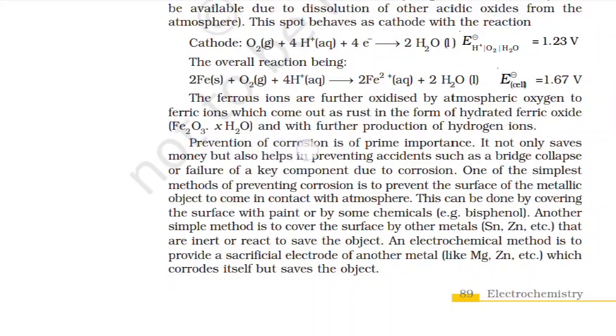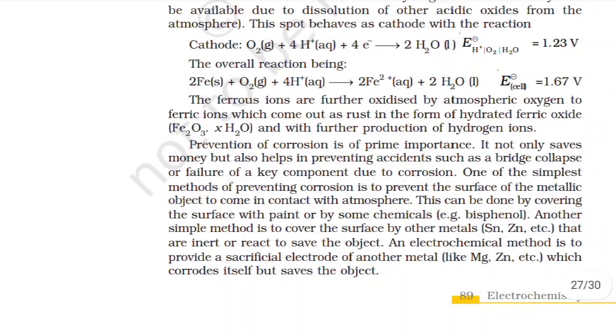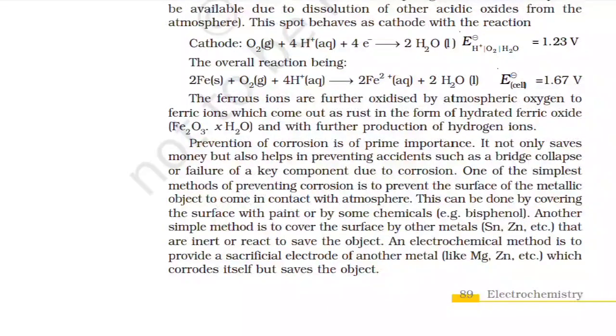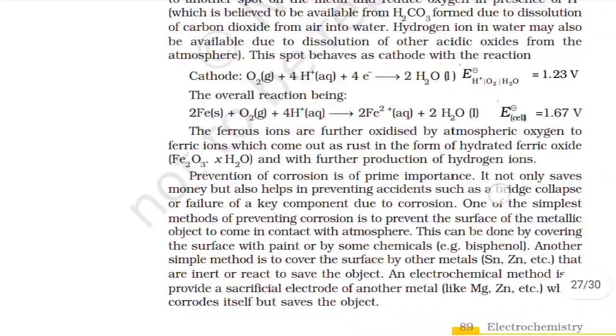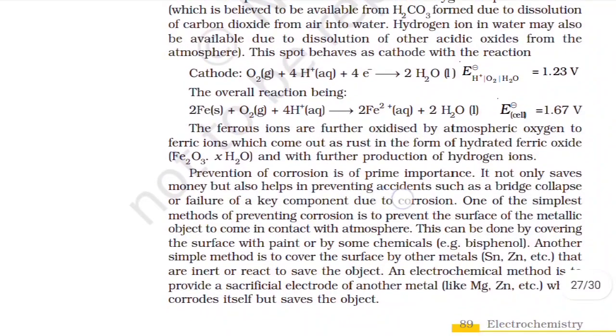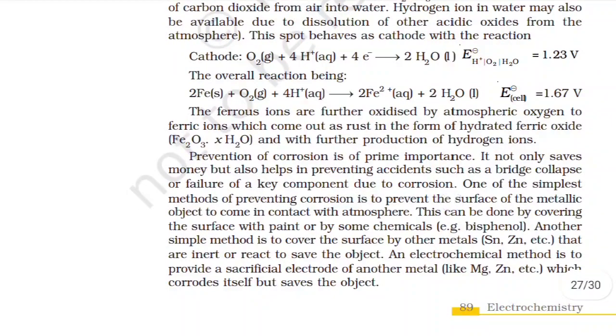Therefore prevention of corrosion is of prime importance. It not only saves money but also helps in preventing accidents such as bridge collapse, and failure of key components due to corrosion.